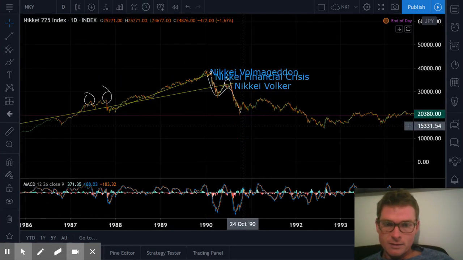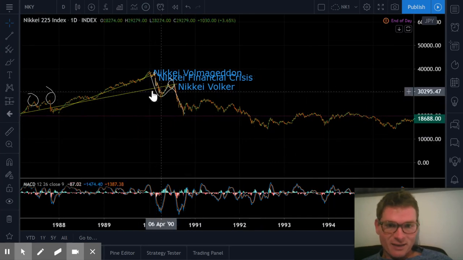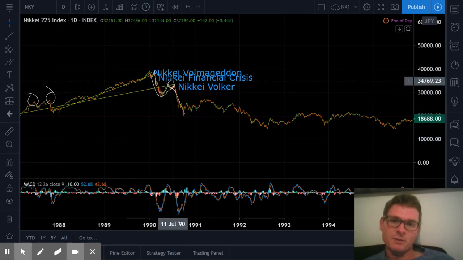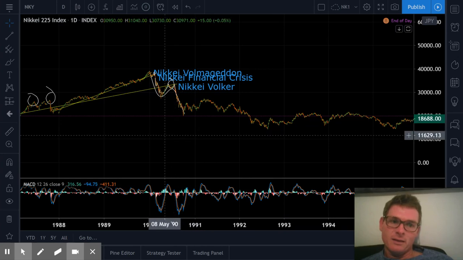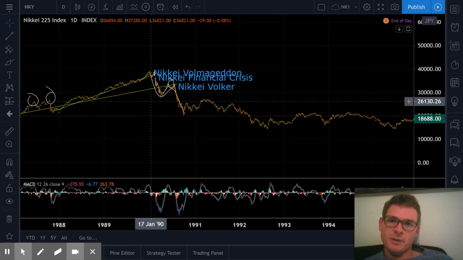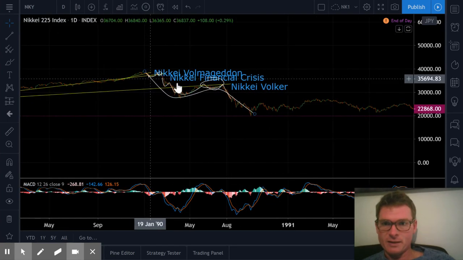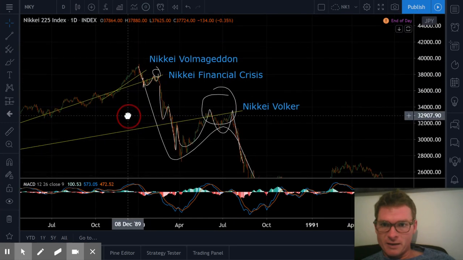And that is one idea of how the backside of our bubble will look in terms of just the blow off top. But this bear market, I mean, if you look at the Great Depression, it had a similar blow off top and a recovery just like this. And I guess I should point out where we are on ours. We're here.